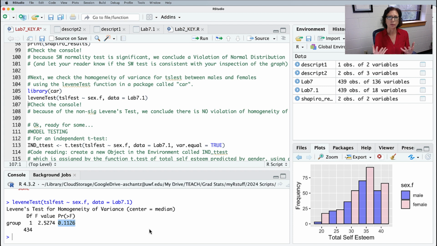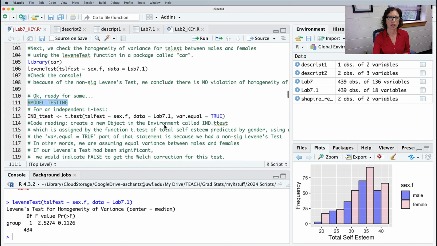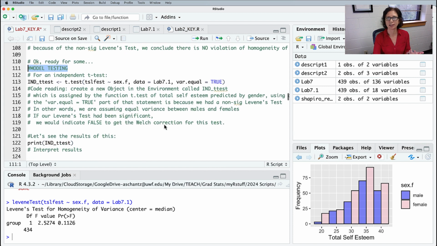So now that we have our preliminary checks done, we've checked our assumptions, we've grabbed some descriptives, we're ready to do some model testing for that independent t-test. We're finally ready for model testing. So here's the line that we run for conducting an independent samples t-test.